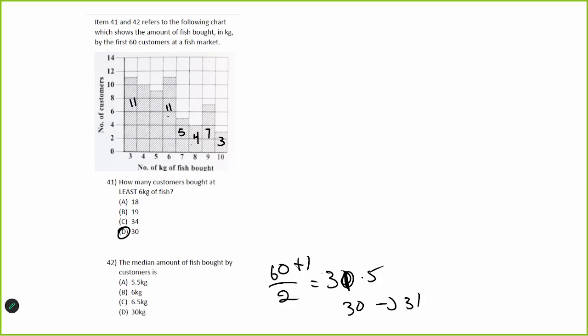This here is 10. And this here is 9. This is 20 and 30. So it will be between 5 and 6 because the 30th customer is right here. So it'll be 5 plus 6 divided by 2, which is 11 divided by 2, which is 5.5. So A is your answer.